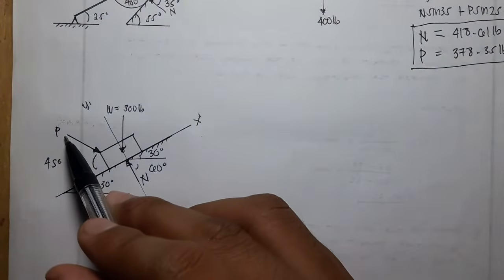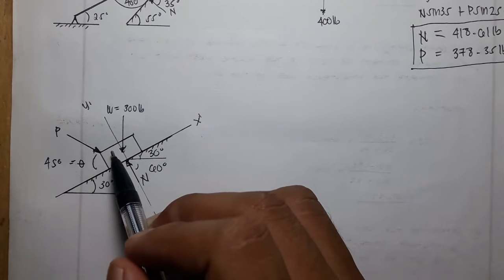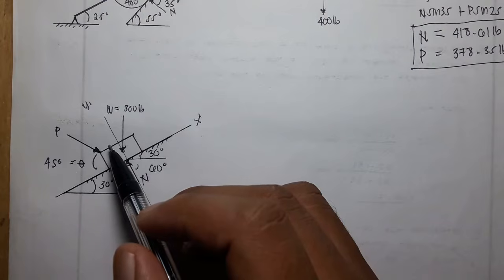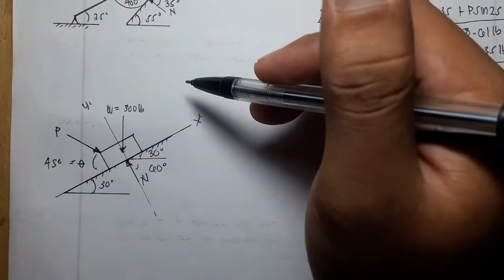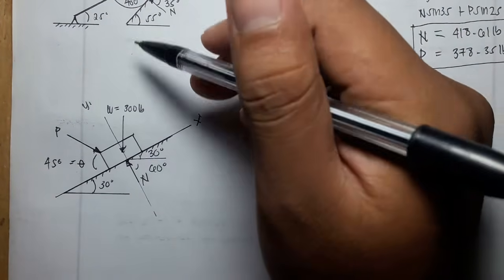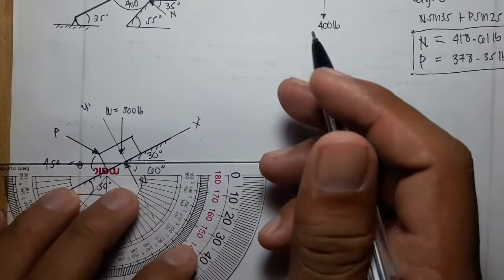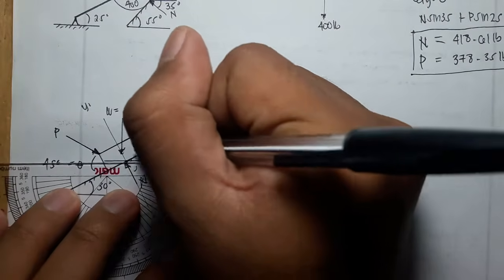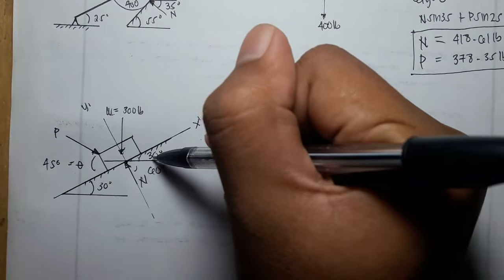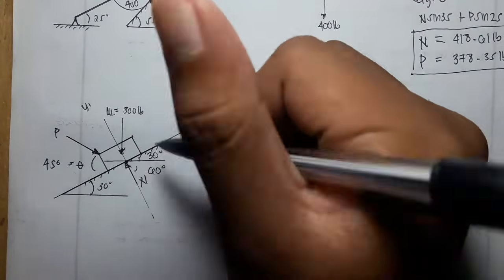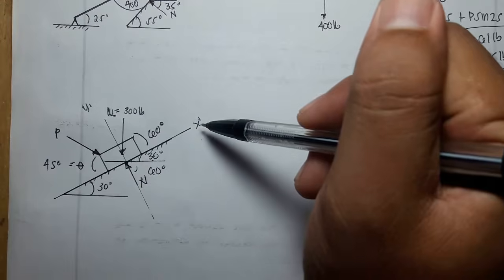Because this P here is 45 degrees to the plane, for easier solving we would like to rotate the axis. As you can see, if this is 30 degrees, then this is perpendicular to it, so this would be just 60 degrees. So the weight is 60 degrees to the x prime.